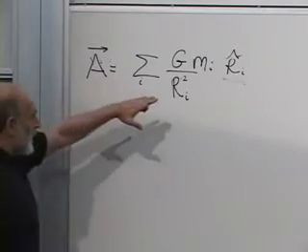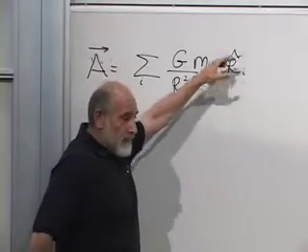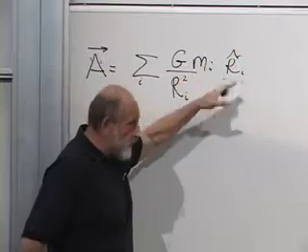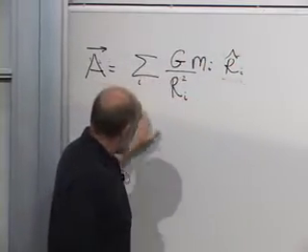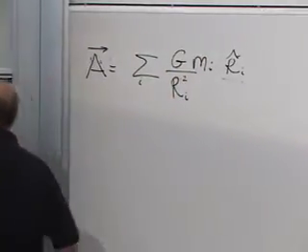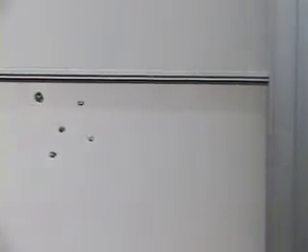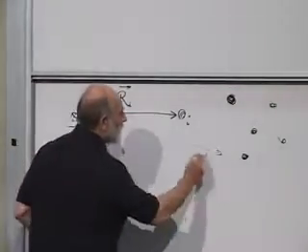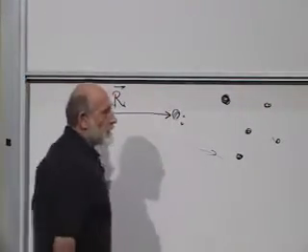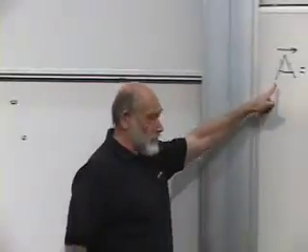All right, so this vector here tells you the direction of the acceleration, but the magnitude of it all comes from here, and we add them all up. The acceleration on the test mass is a sum of vectors, all different contributions. This depends on position.